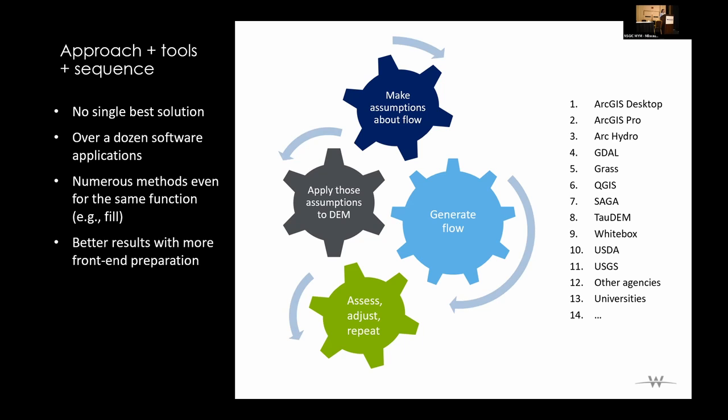All right, so let's talk a little bit about software. So the big mystery in elevation derived hydro is, what software are you using? What workflow are you using? And the answer is many. This is the many paddles up the creek part of the conversation.